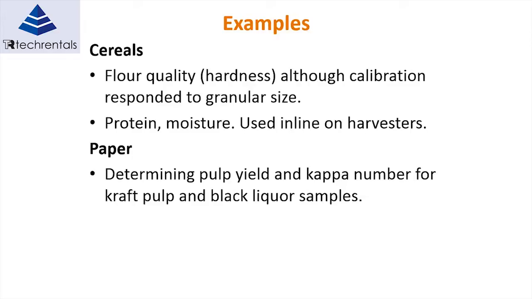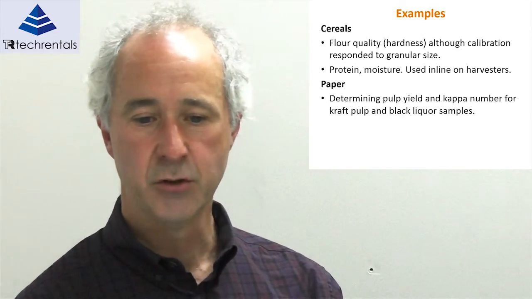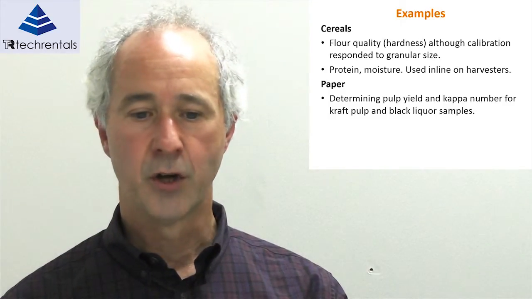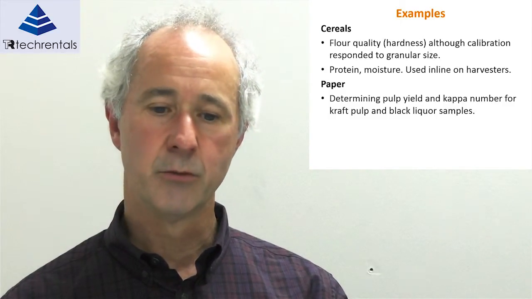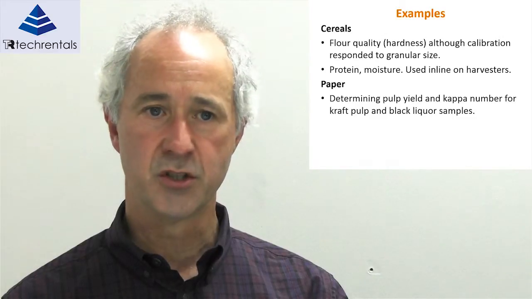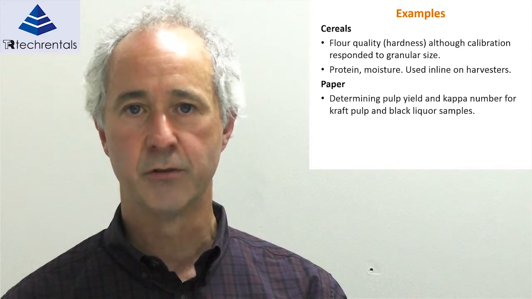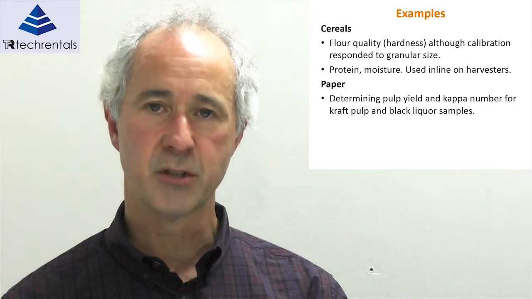Cereals, it's probably the cereals are the biggest user and the longest. If I go back 25 years for cereals, measuring protein, moisture in things like wheat and all grains, to the point now where they're actually used in line on harvesters. Initially it was just used as batch analysis of grains going to the processing plant.